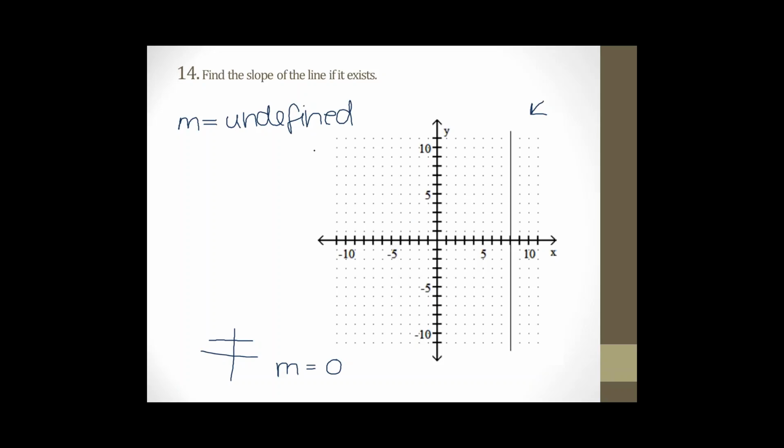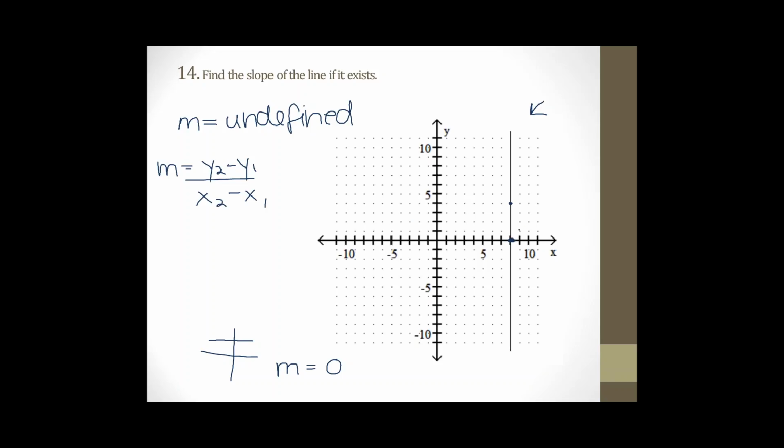And to know why this is undefined, remember that the slope formula is y2 minus y1 over x2 minus x1. So you can randomly pick 2 points on that line, for example, this point and let's say this point.